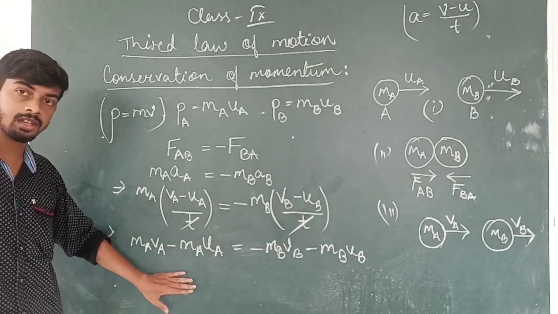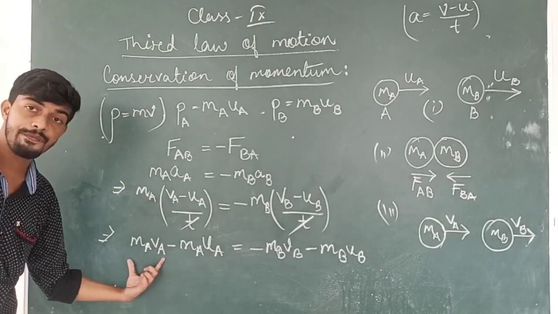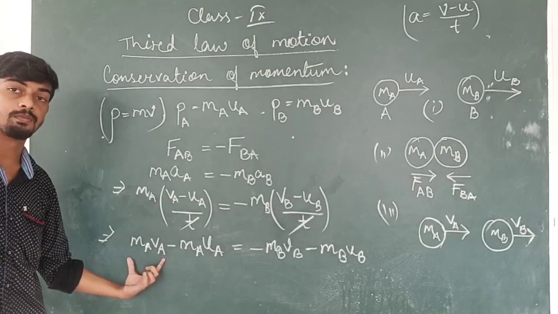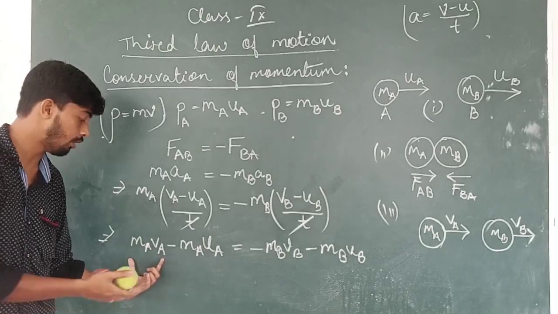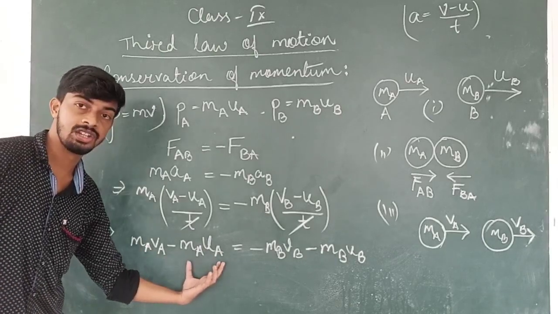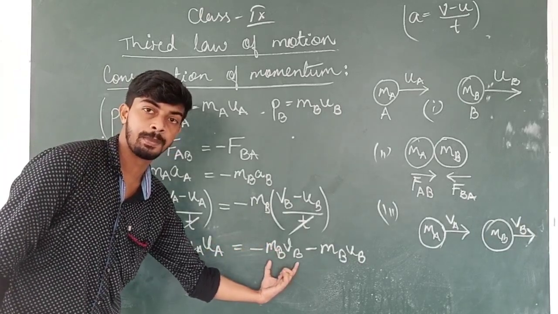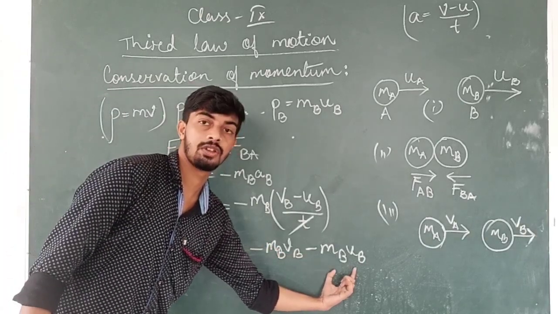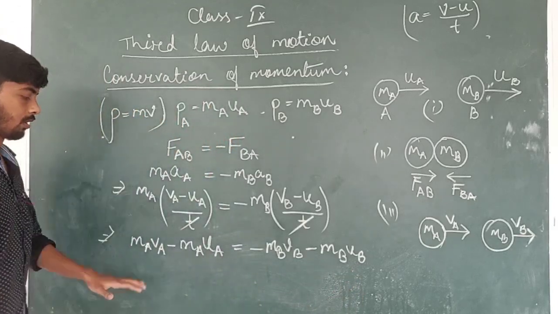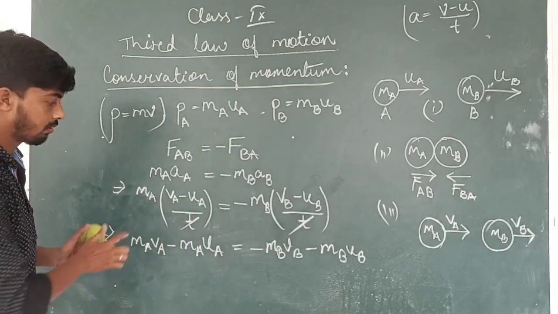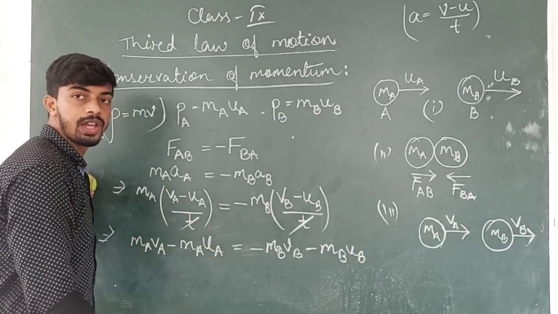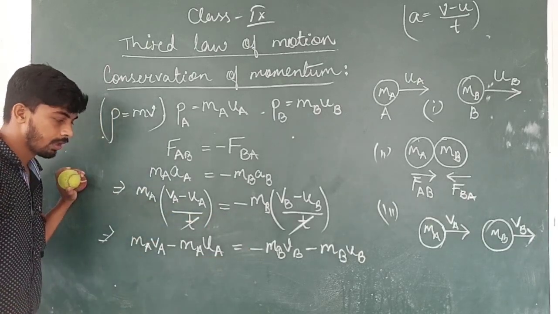I forgot to write B. So if you see here, mA vA is mass and final velocity of A, mA uA is mass and initial velocity of A, then mass and final velocity of B, mass and initial velocity of B. So this is our expanded form of the equation.